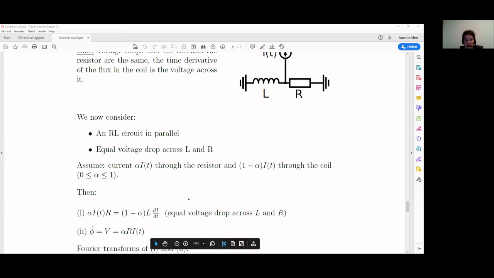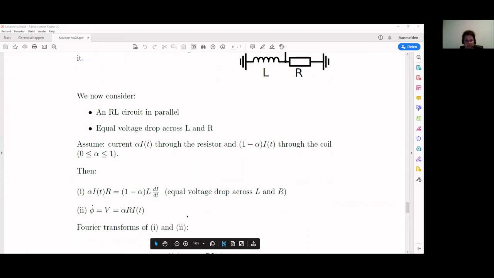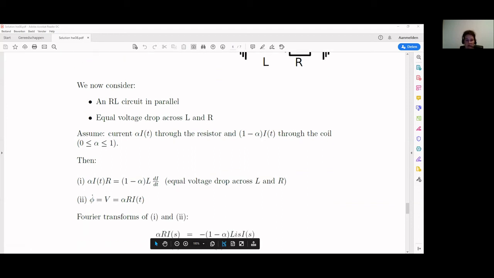If you do that, I can express this knowledge that I have, namely that the voltage drops equally across L and R, just by writing what this voltage actually is. There's the resistor part, there's the inductor part, they should be equal. And you also know that the voltage is given by this expression here, alpha, so the current alpha I times R.